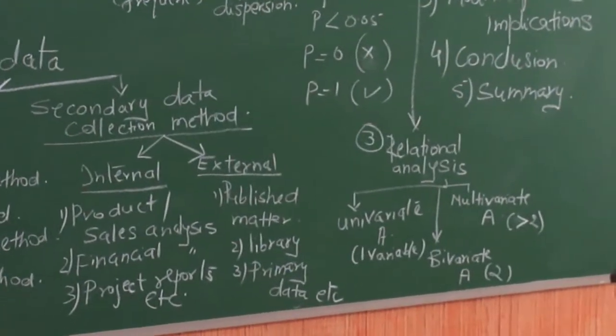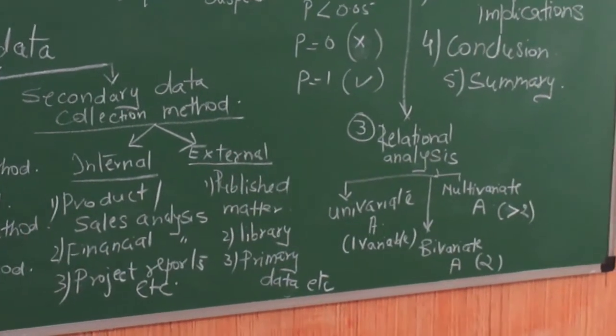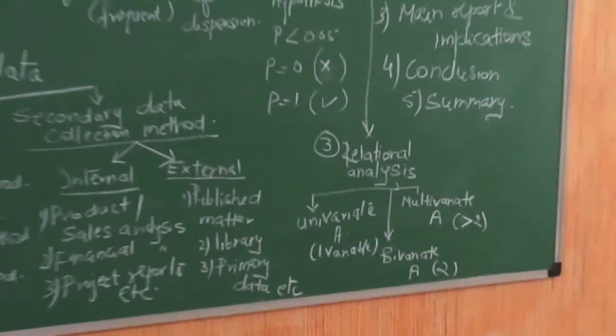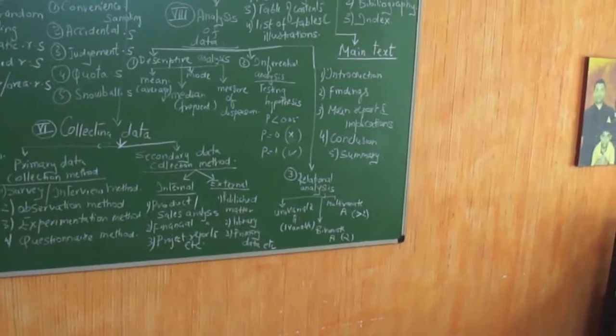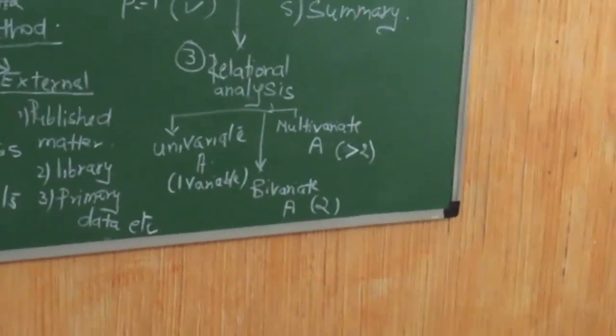If the probability is 0, that means that event will never happen. And if the probability is equal to 1, that means that event will surely happen. This is a little bit of technical part. I'm trying to deal with it in an easy manner.